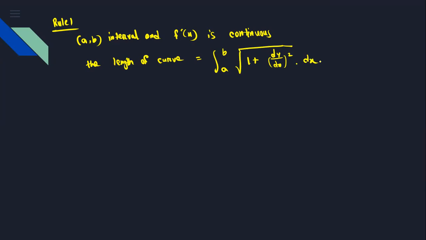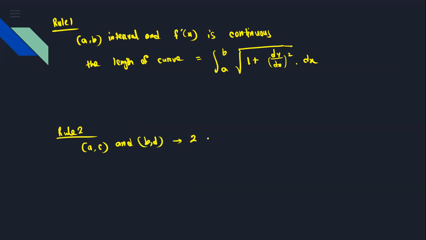This is our rule number 1. After that, suppose that here x was independent and y was dependent.